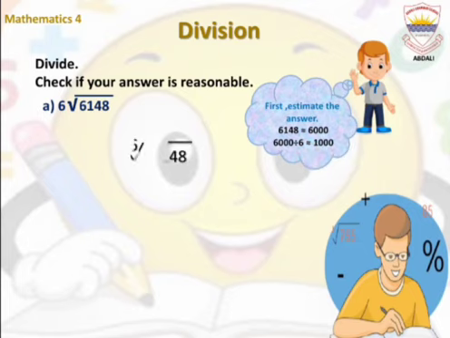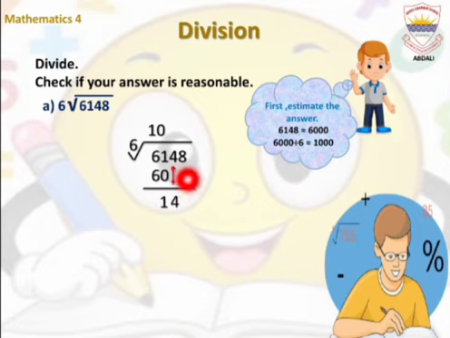Now we divide 6148 by 6. 6 ones are 6, 6 tens are 60. So we write 60 under 61. When we subtract 60 from 61, we get 1.